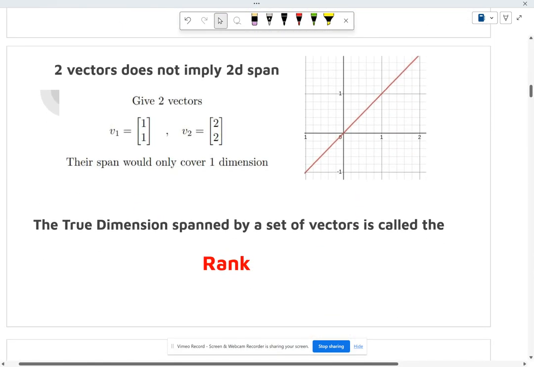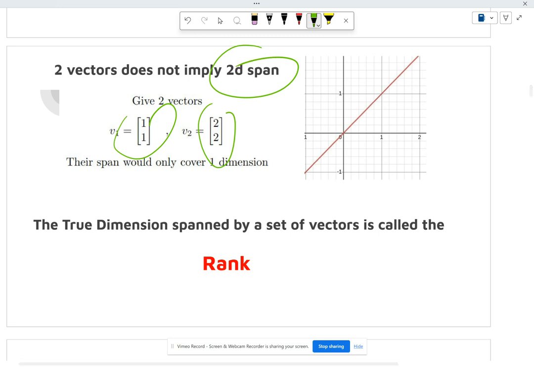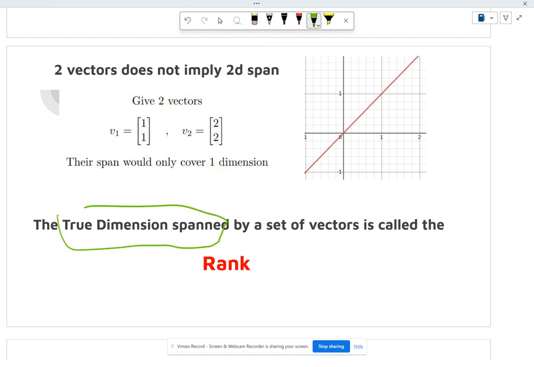Now, just because you have two vectors, it doesn't mean it's always going to span 2D, because they could be the same vector. You see 1, 1 and 1, 2. They're exactly the same vector, so you're not adding an additional dimension. And the true dimension spanned by the set of vectors is called a rank.